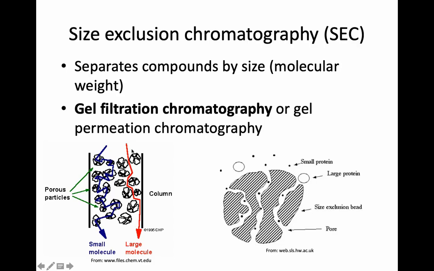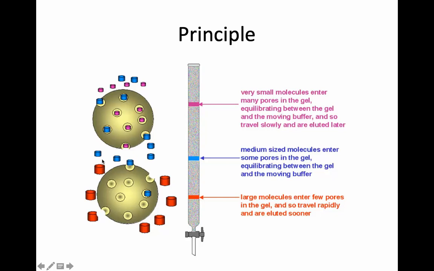We expect large molecules to move more rapidly through the beads and be eluted earlier, while very small molecules, small proteins, basically enter the holes inside your beads and are retained there, and so are eluted later.